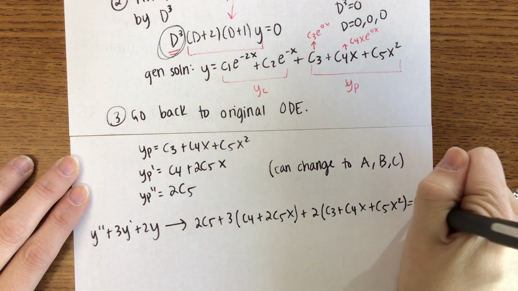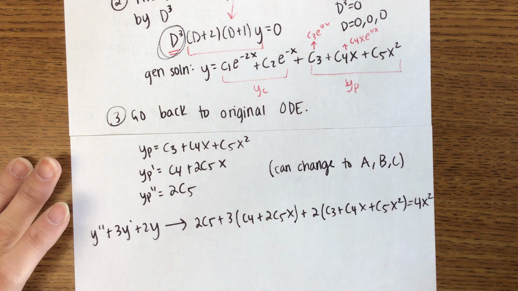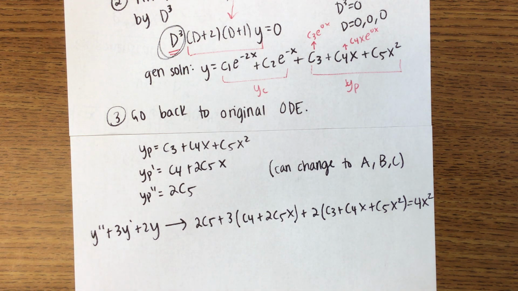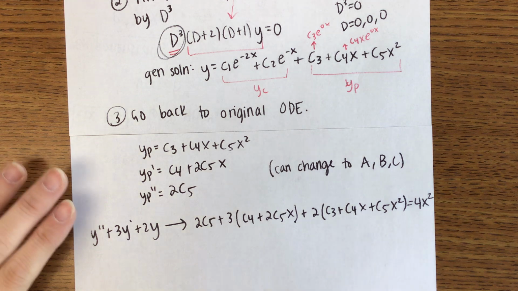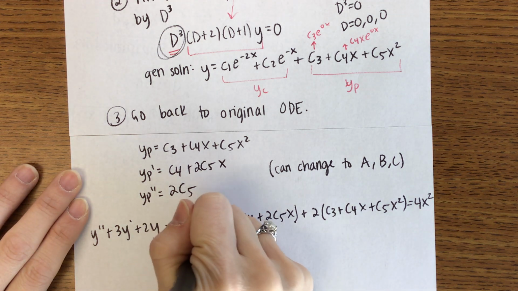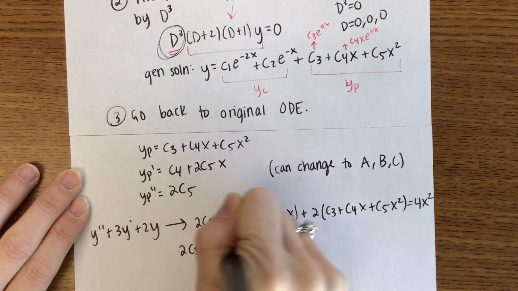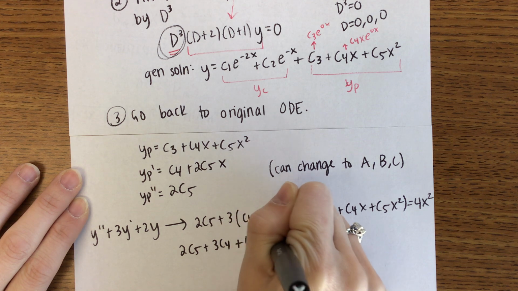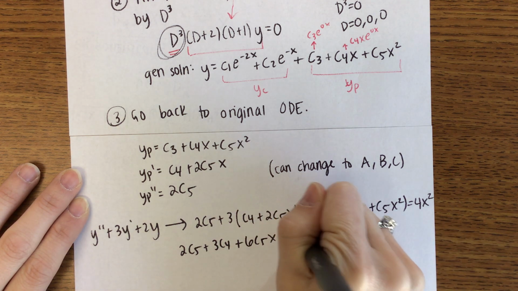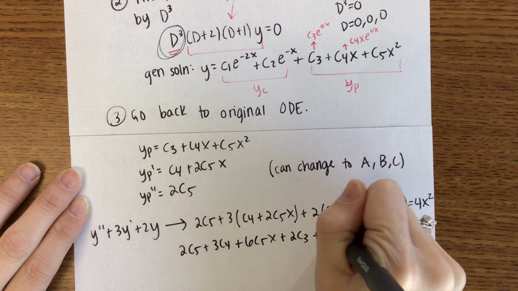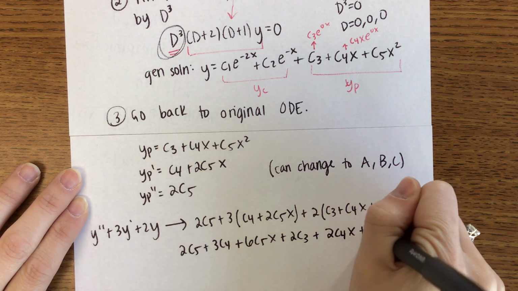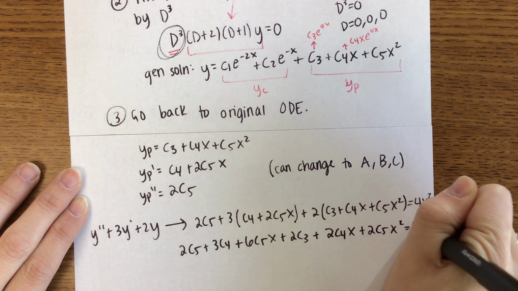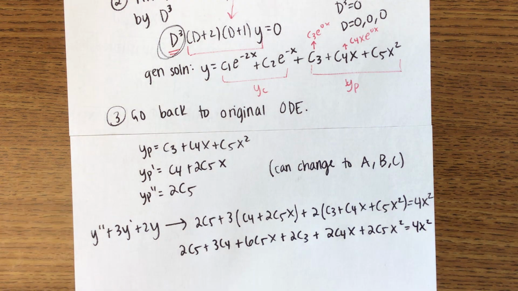That all needs to be equal to 4x squared. Doing a little bit of distributing, I get 2c5 plus 3c4 plus 6c5x plus 2c3 plus 2c4x plus 2c5x squared equals 4x squared.